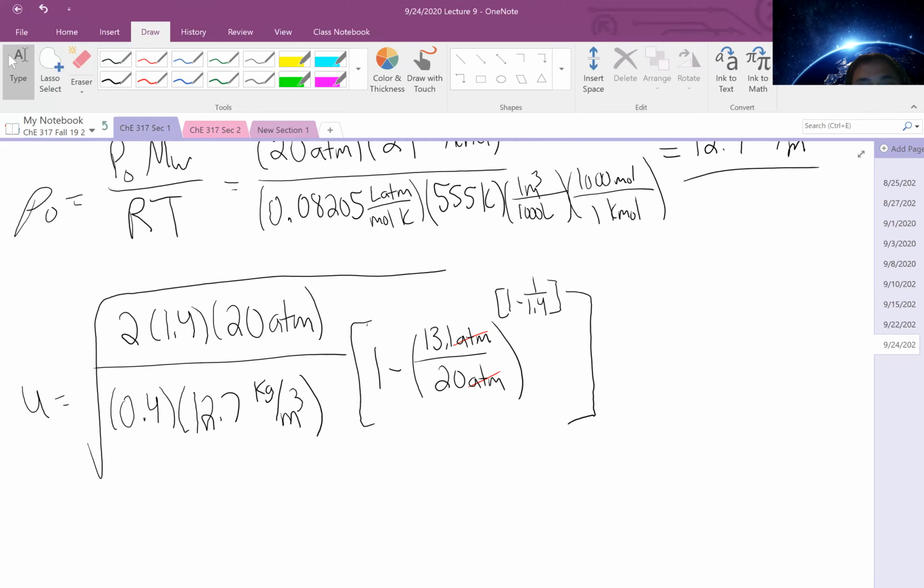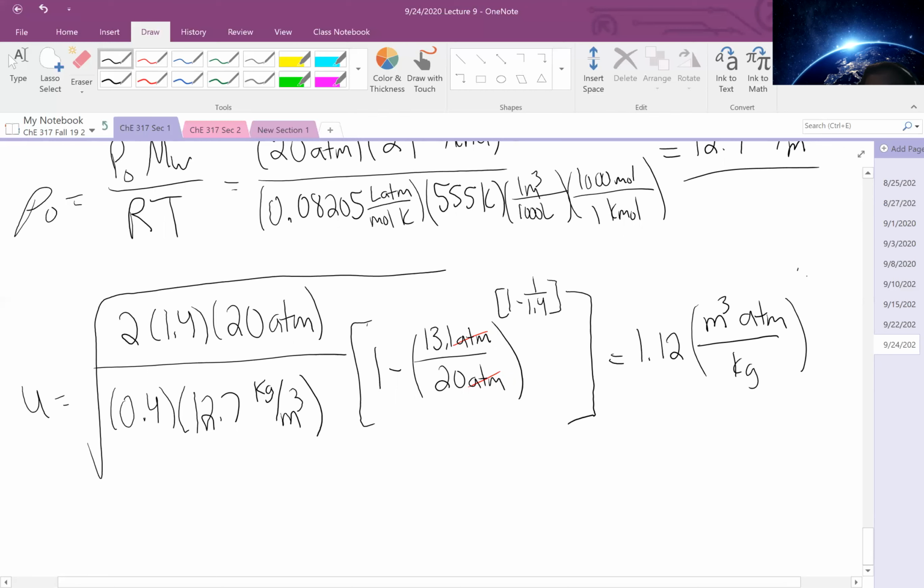So if we do this calculation, we should get approximately 1.12 cubic meters atmospheres per kilogram to the 1/2, which looks really ugly. And so the question is, how are we supposed to end up with a unit for velocity that makes sense?